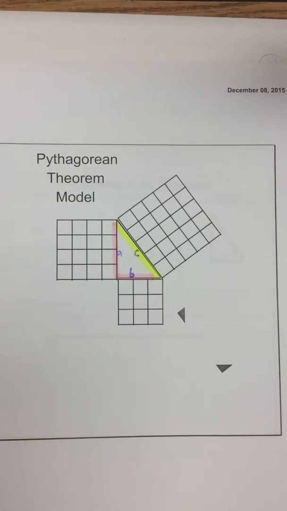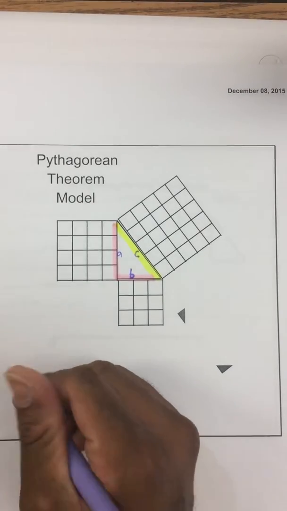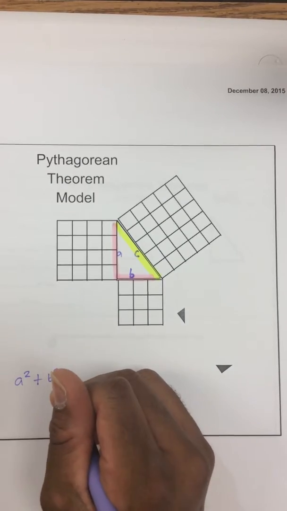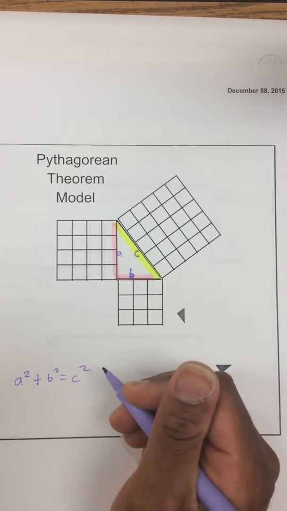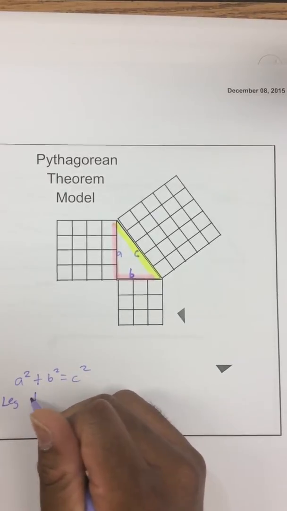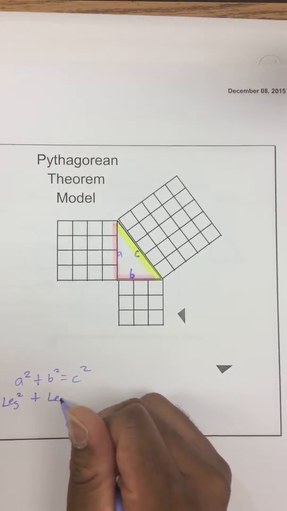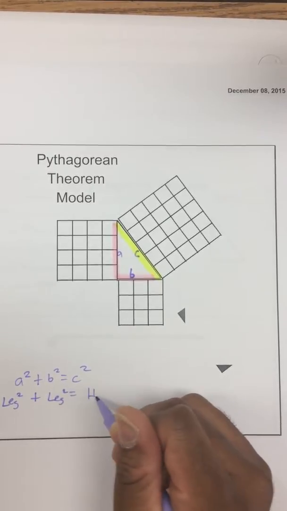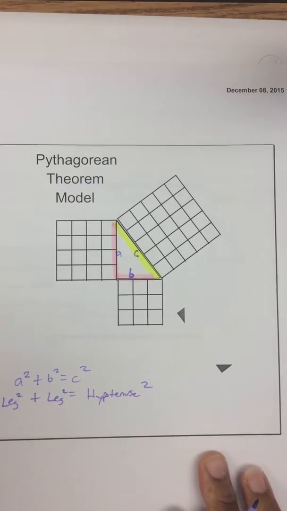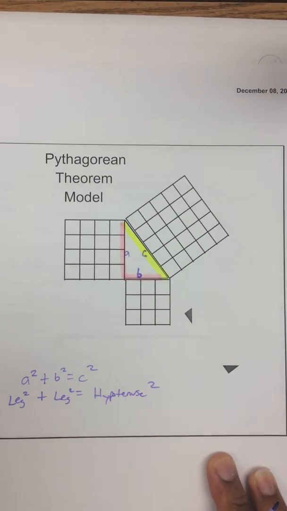Now, when you see this, there's a formula called Pythagorean theorem, which is a squared plus b squared equals c squared. And that means leg squared plus leg squared equals hypotenuse squared. All right.